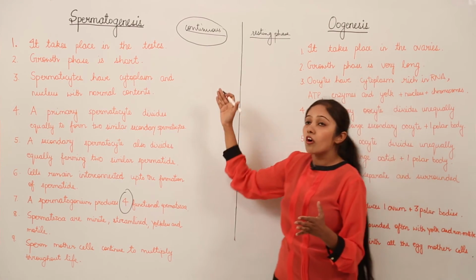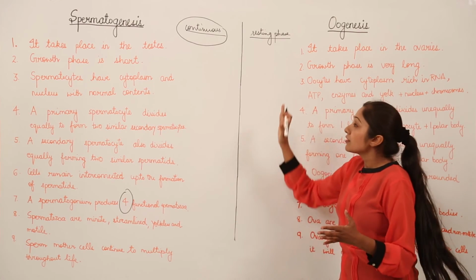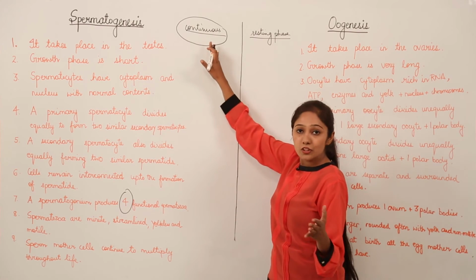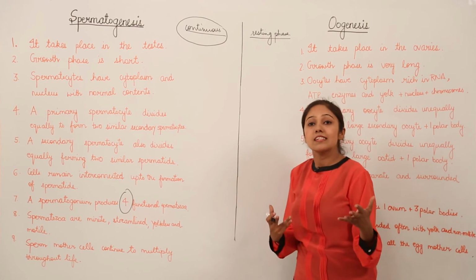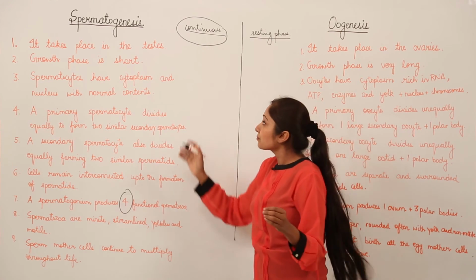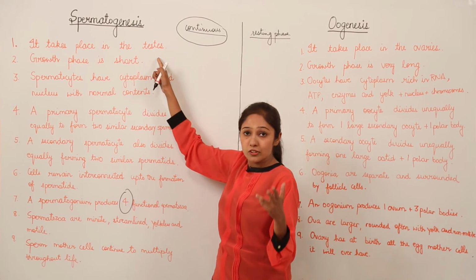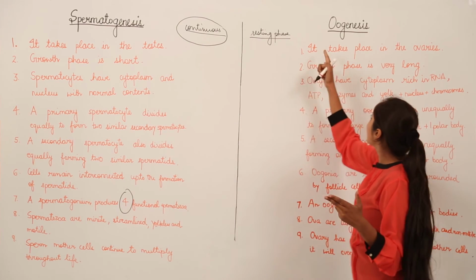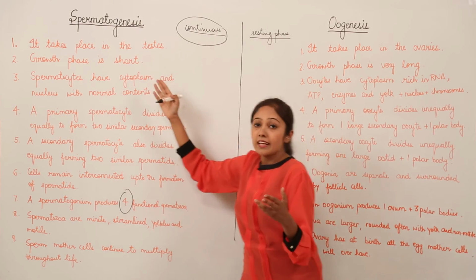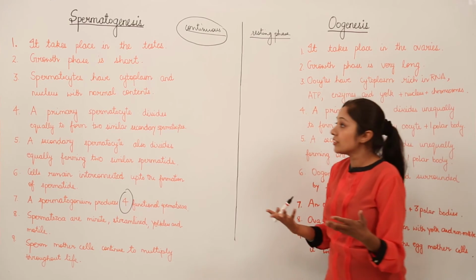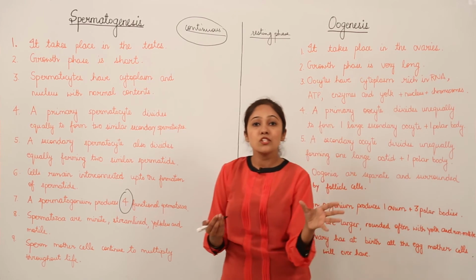So, let us recall all the points of difference again. Spermatogenesis is a continuous process, and oogenesis is not continuous since it has a longer resting phase. It takes place in testes because we are talking about males, and in ovaries, that is female gonads. The growth phase is shorter in spermatogenesis, but of longer duration in oogenesis. It can take a few days to many years.